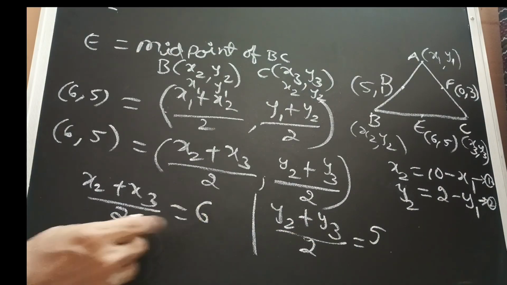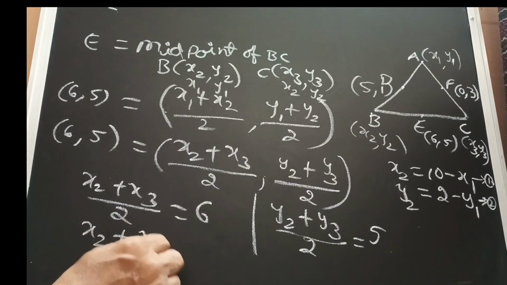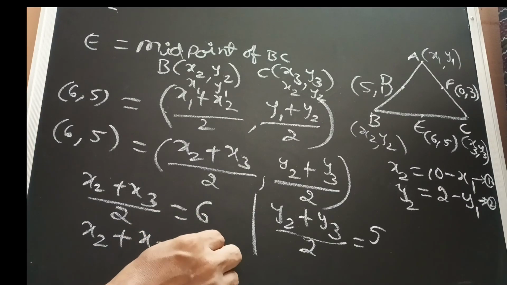The x coordinate equals the x coordinate, the y coordinate equals the y coordinate. Transposing 2 to that side, x2 plus x3 is equal to 2 into 6, which is 12.